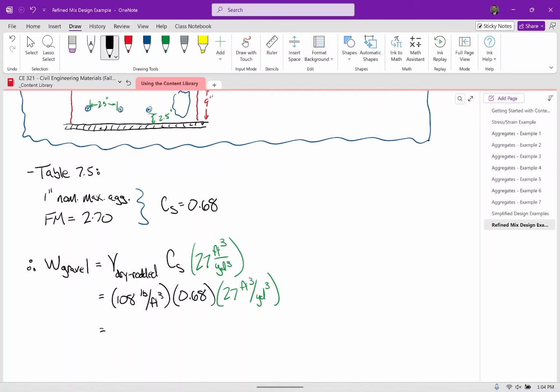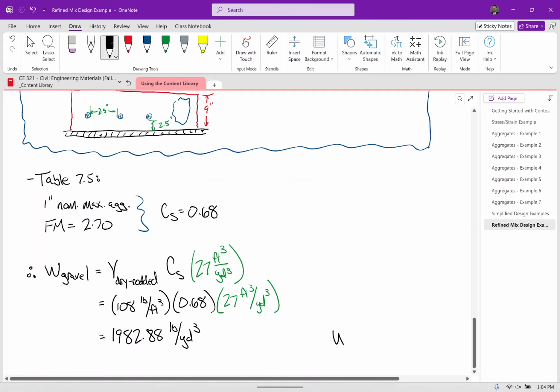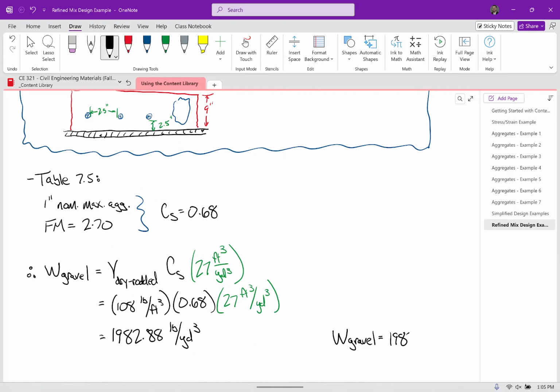So when we chug this out, what do we get? I propose for a single cubic yard, that's how many pounds of gravel we need.